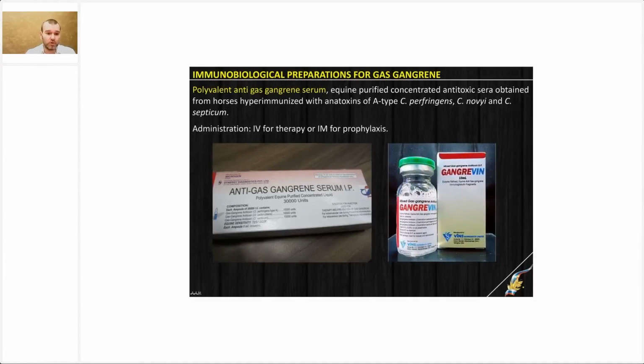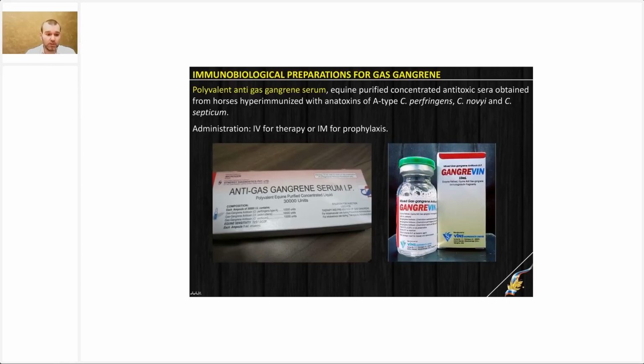Of course, for treatment and for prevention of complications, we have anti-gas gangrene serum, which is usually a cream and contains a concentrated high amount of antitoxic immunoglobulins, which are obtained from horses hyperimmunized with antitoxin A of Clostridium perfringens and some other species.